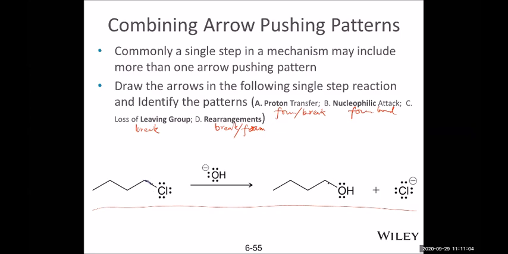This bond is new, so the hydroxide needs to form a bond with this carbon, and this carbon needs to break its bond with chlorine. To form a bond, we use a nucleophilic attack, step B, attacking the carbon, which gives the alcohol.